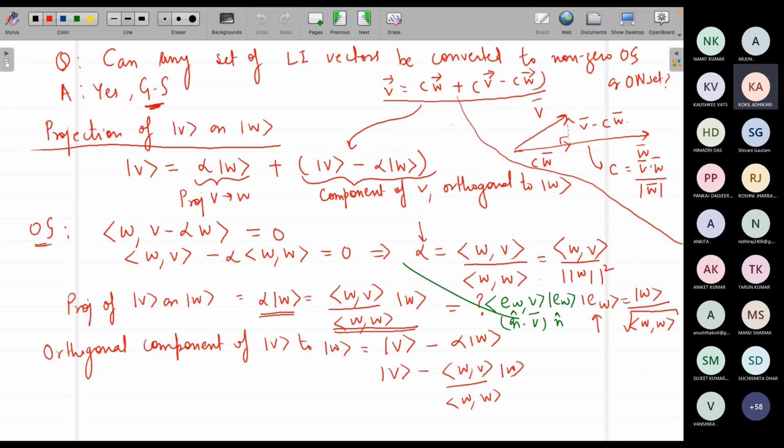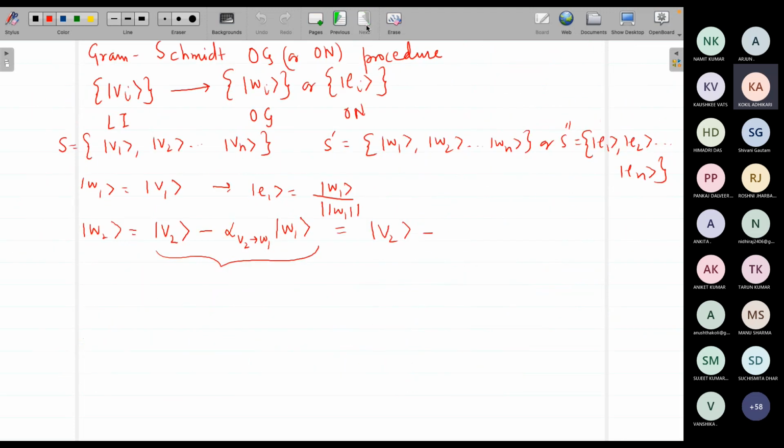Remember that the orthogonal component of V to W was V minus alpha times W, where alpha is the inner product of W with V, divided by the inner product of W with itself. So can you now help me out?